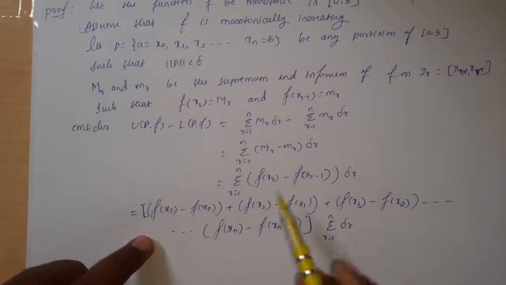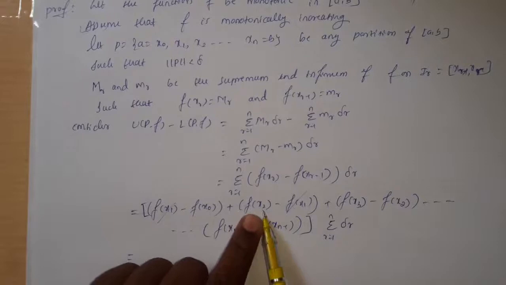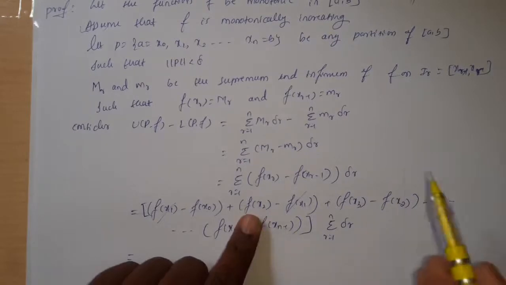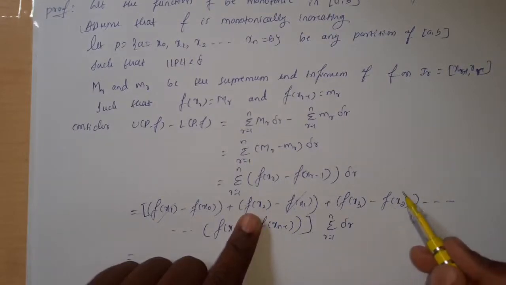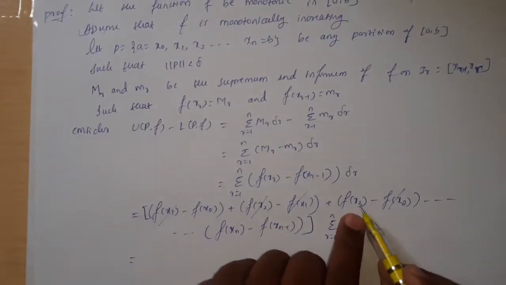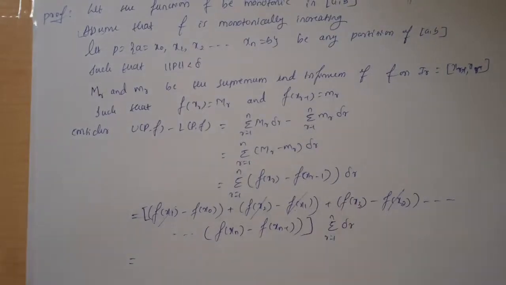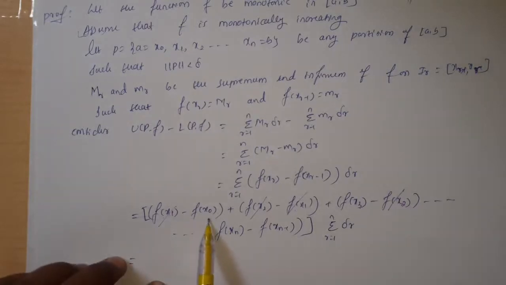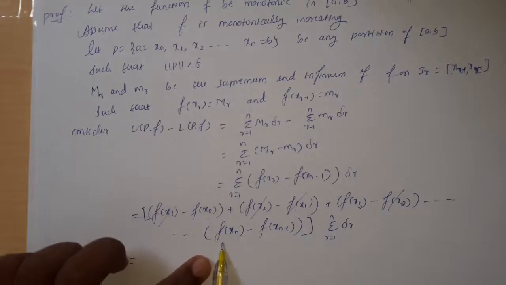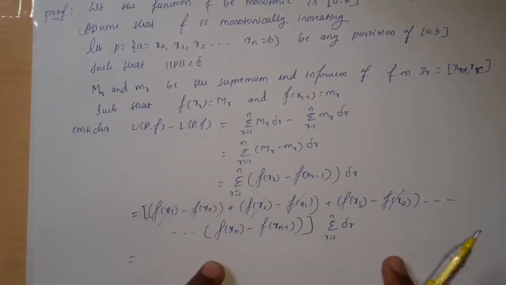So, therefore, these two will get cancelled, and similarly f of x2 in the second term is positive and in the third term will be negative. So, therefore, f of x2 will get cancelled, and similarly here f of x3 is positive, then in the next expression that will be negative. So, like that all the terms will get cancelled, only remaining is the first, that is minus f of x0, and here it is f of xn, because we are not considering the next term of this one.